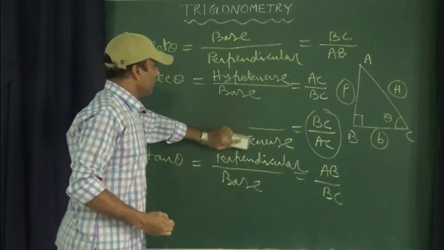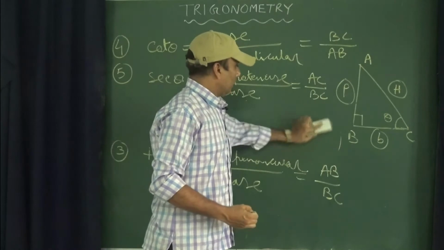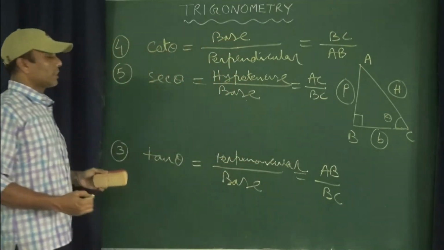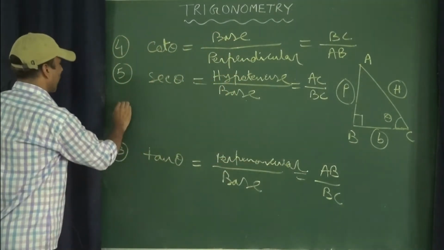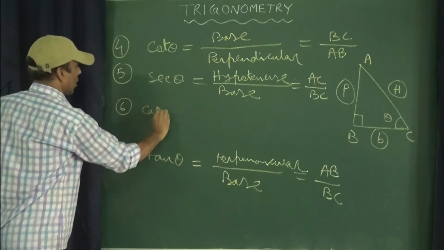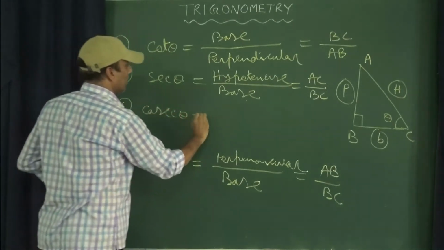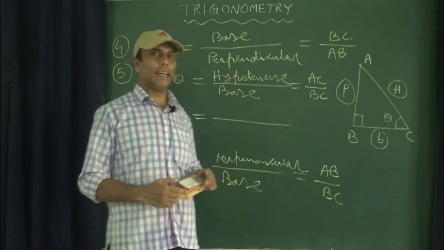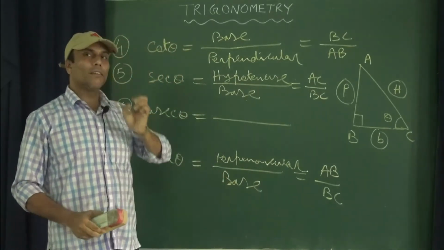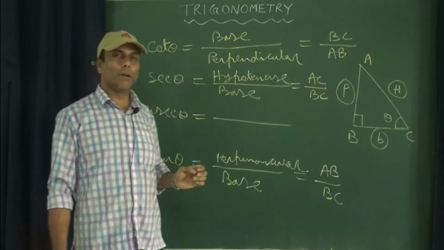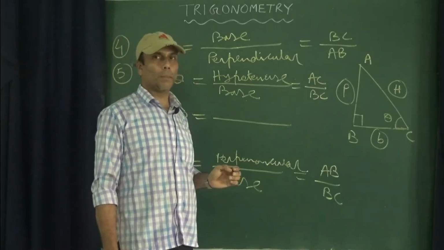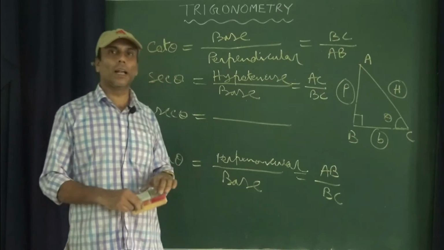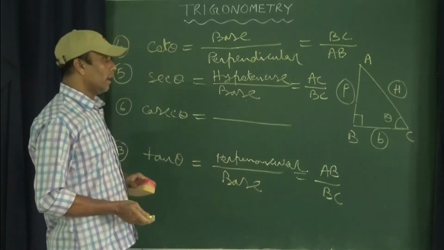Then the 6th one, sin, cos, tan, cot, sec, and then 6th one is cosec. Cosec theta, it is the reciprocal of sin theta. In sin theta, we have already written that sin theta equal to perpendicular by hypotenuse. So perpendicular by hypotenuse reciprocal will be hypotenuse by perpendicular.